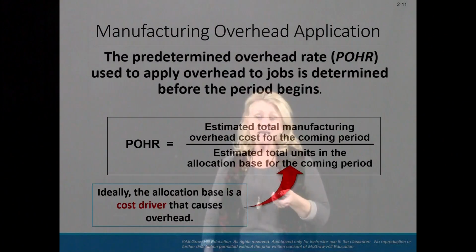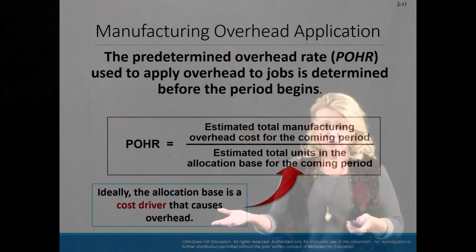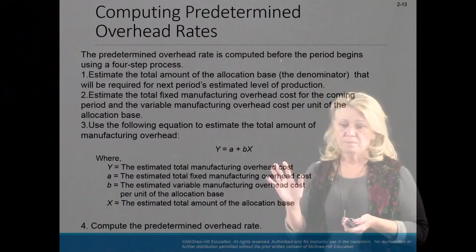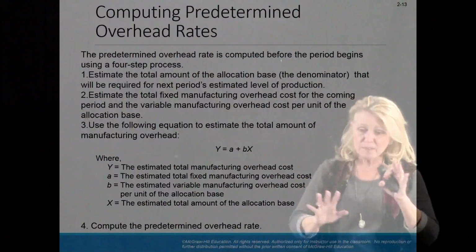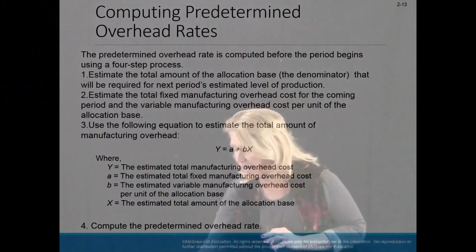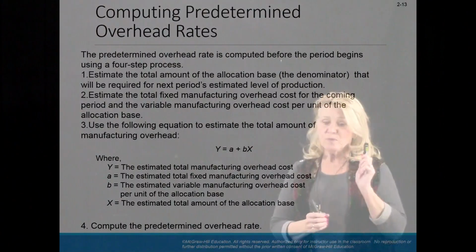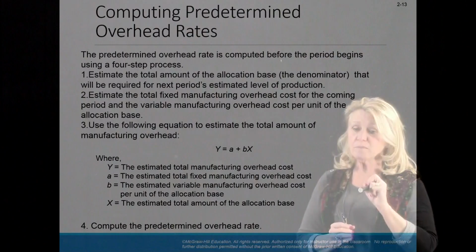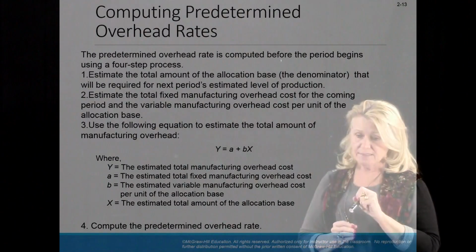All right, here's how we apply manufacturing overhead. Here's the dollars. It's a four-step process. Don't get confused with the y equals a plus bx. This is not algebra. I promise you it's not algebra. So the predetermined overhead rate is computed before the period begins using a four-step process.